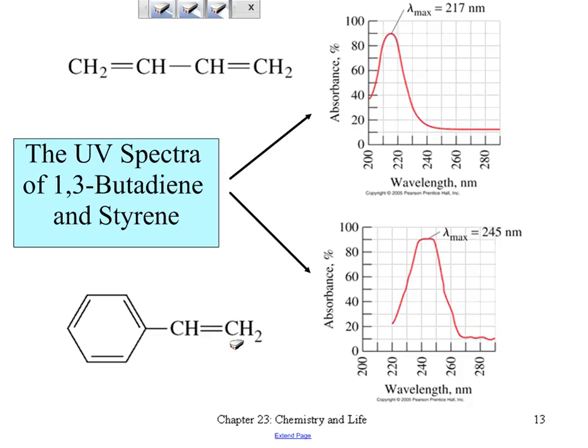If instead I have something that has a benzene ring, alternating double, single, double, single, double, single, it's more conjugated, and the absorbance has shifted towards a longer wavelength, lower in energy.